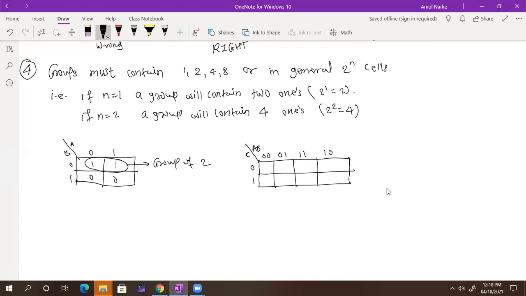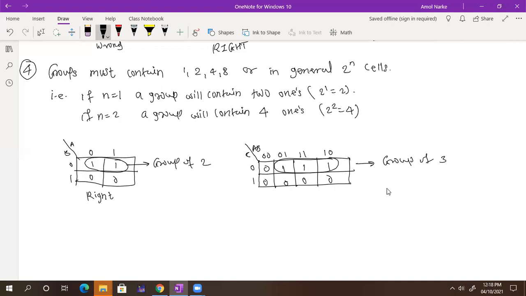And the rest of everything I have 0, 0, 0 and 1, 1, 1. So is this a valid group? Is a group of 3 valid?